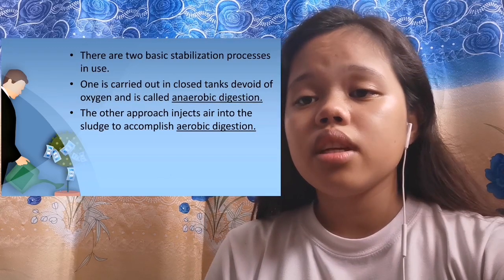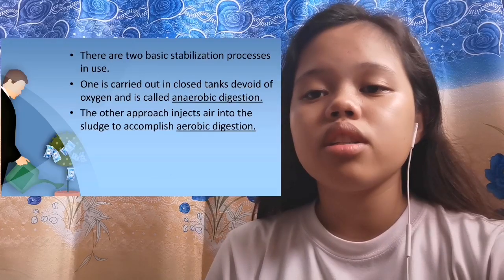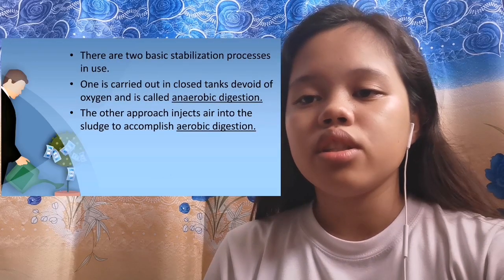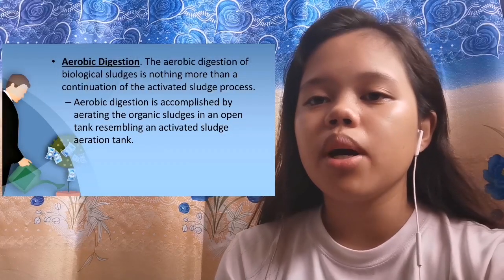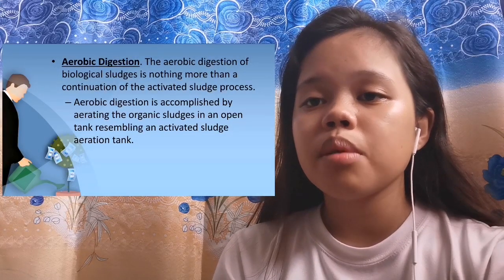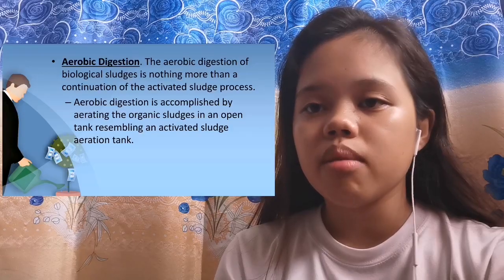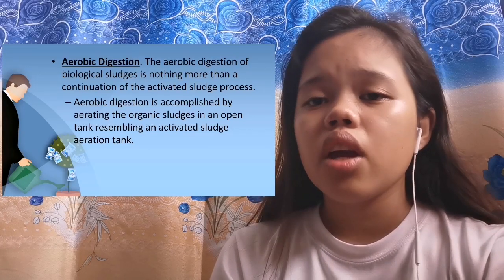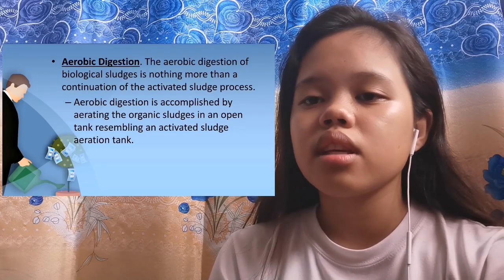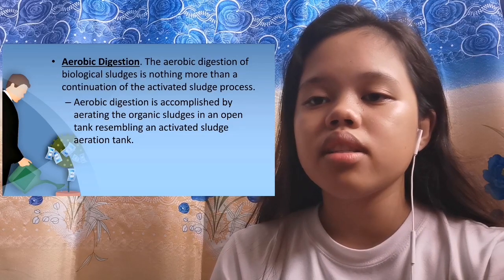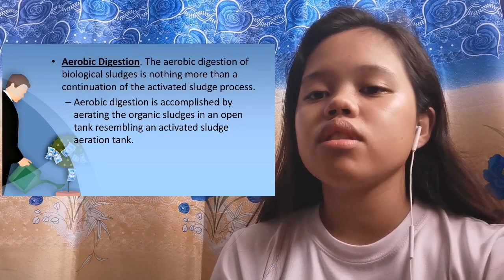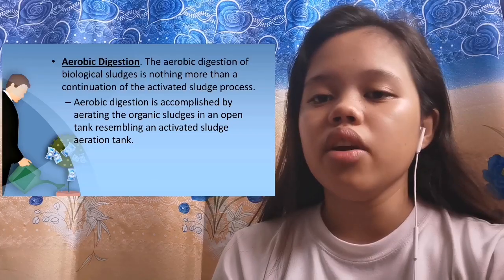The other approach injects air into the sludge to accomplish aerobic digestion. The aerobic digestion of biological sludges is nothing more than a continuation of the activated sludge process. Aerobic digestion is accomplished by aerating the organic sludges in an open tank resembling an activated sludge aeration tank.